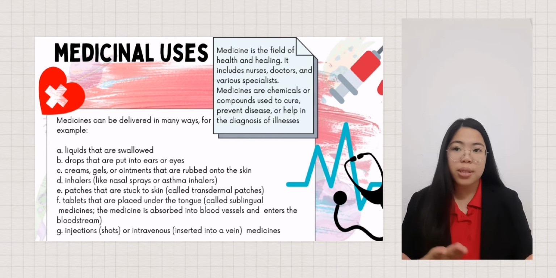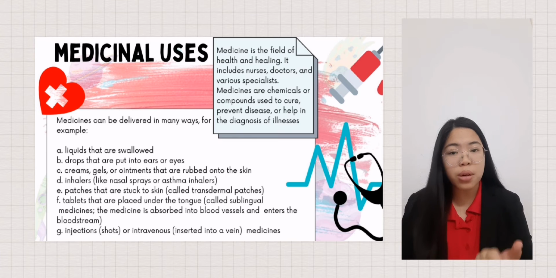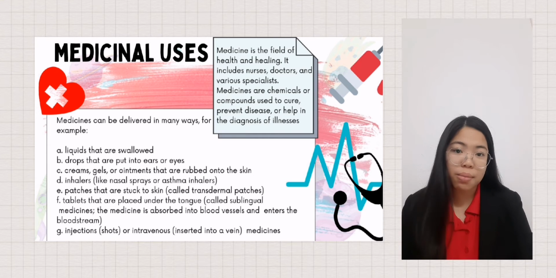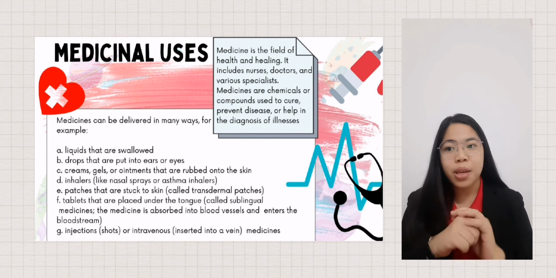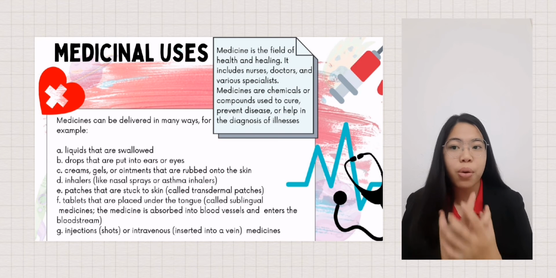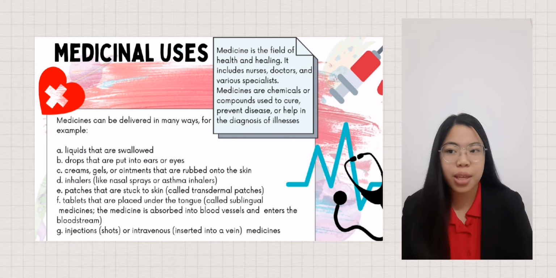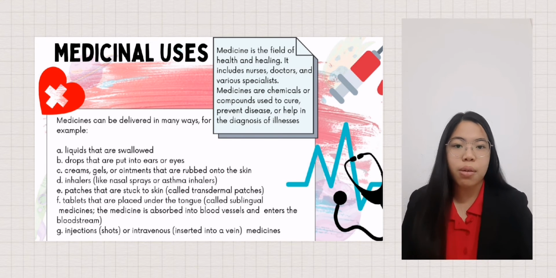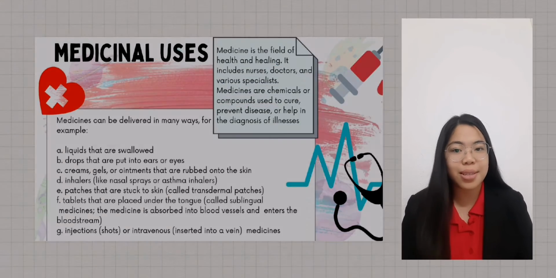There are many ways that they can be delivered, such as liquids that are swallowed, drops that are put into ears and eyes, creams, gels or ointments that are rubbed into the skin, inhalers like nasal spray or asthma inhalers, patches that are stuck to skin, tablets that are placed under the tongue, and injections or intravenous medicines.